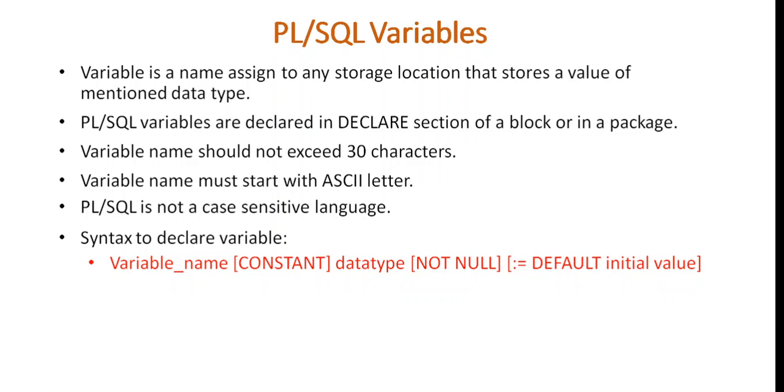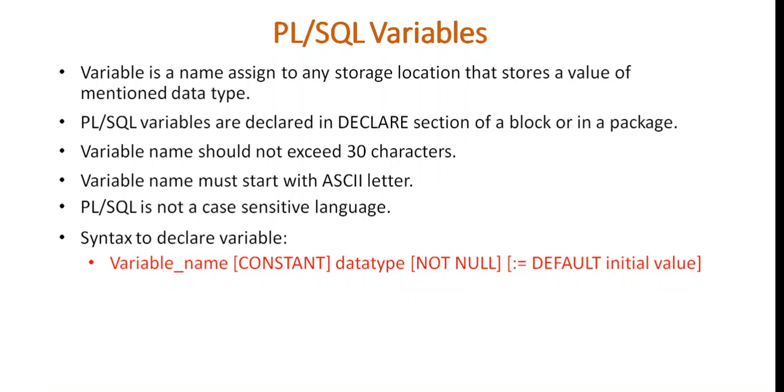Then we use the assignment operator if we want to assign any initial value. In PLSQL, the assignment operator is indicated by the colon and equal to symbol. Again, the default keyword is used to assign a default value to any variable.